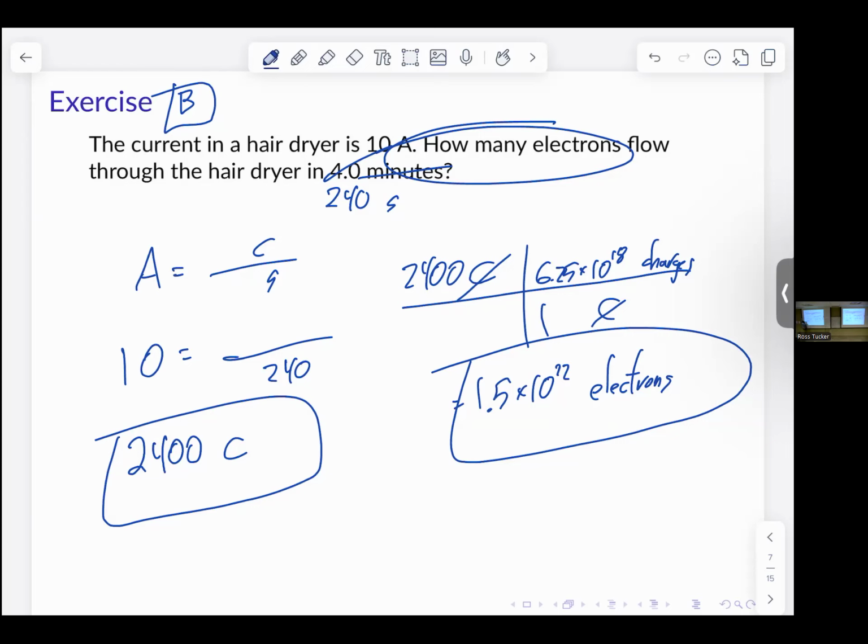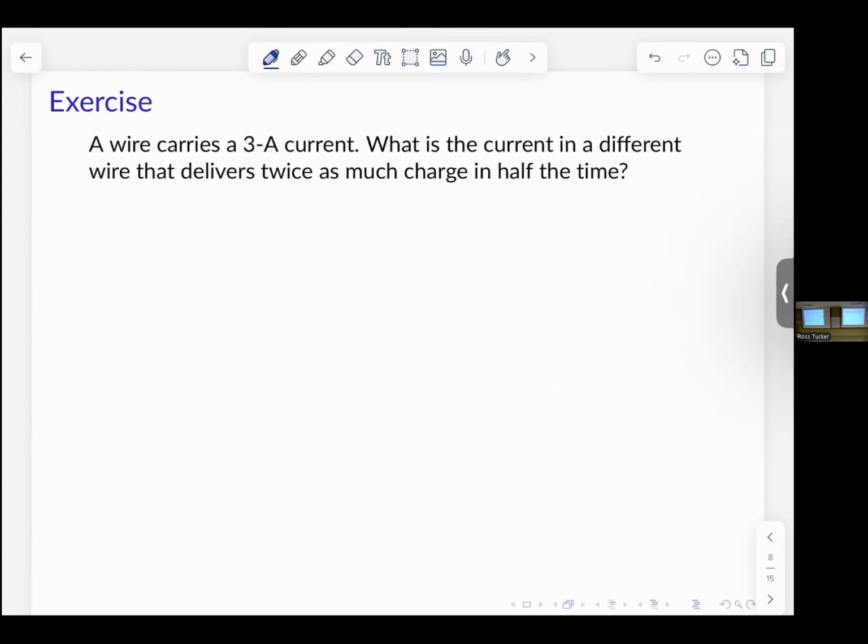Okay, do another question, exercise C. Tell me in a number of amps. How many amps?